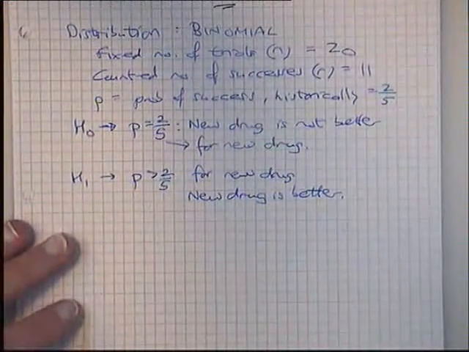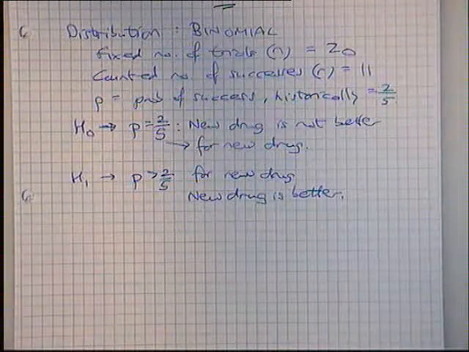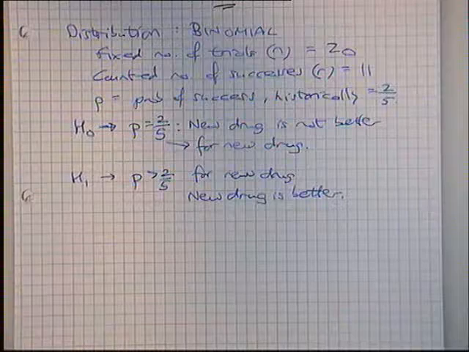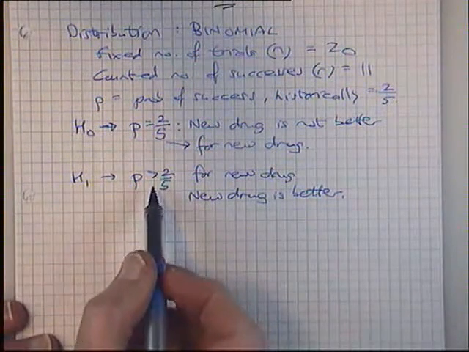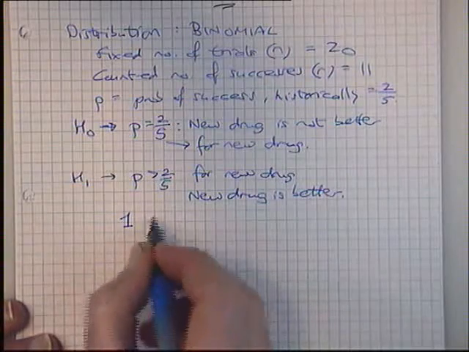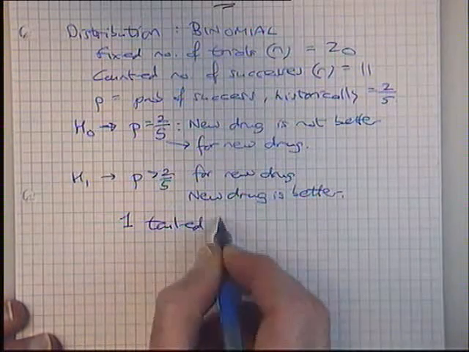So if we've changed our problem into that, what do we usually write down at this stage? Yeah, whether it's a one or a two-tailed test, and because that's a greater than sign in there, this will be a one-tailed test.